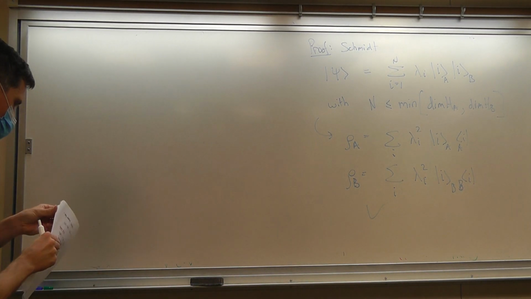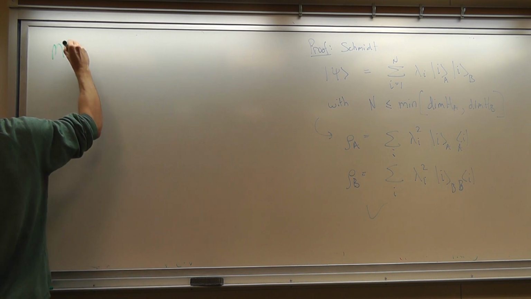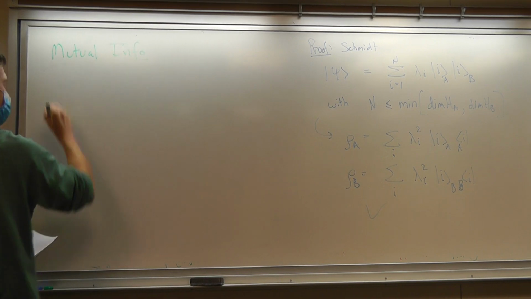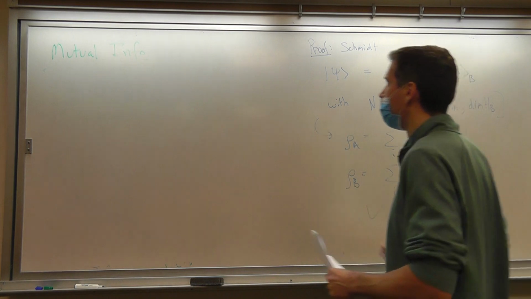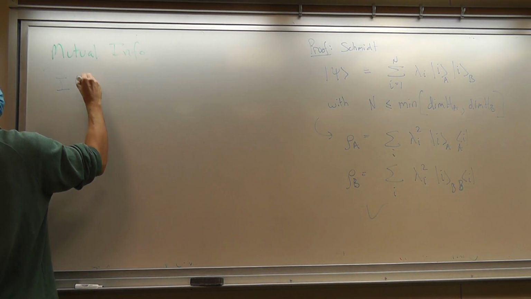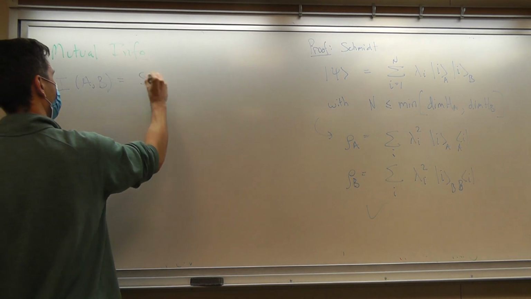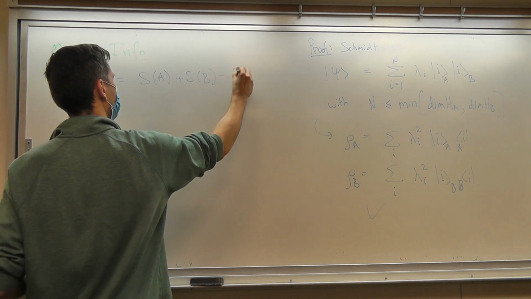Okay, I think the last one for now is called the mutual information. So the mutual information, I of A and B, is S of A plus S of B minus S of AB.